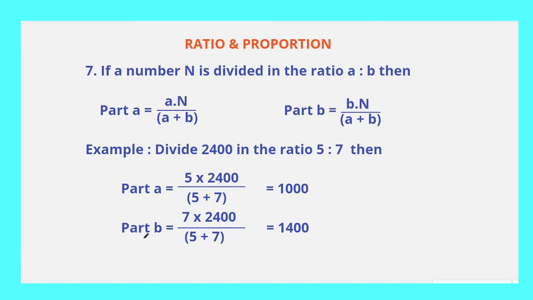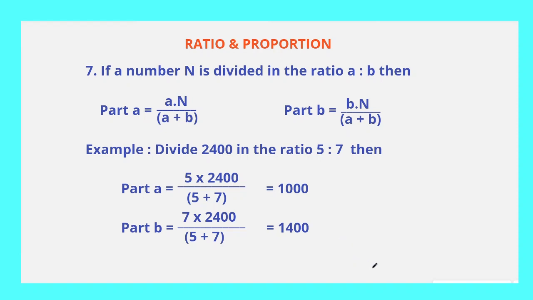And part B is 7 multiplied by 2400 divided by 5 plus 7, which is 12, and 12 divides 2400 for 200 times, and 200 multiplied by 7 is 1400.